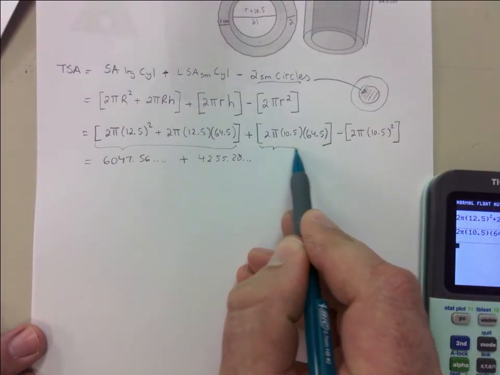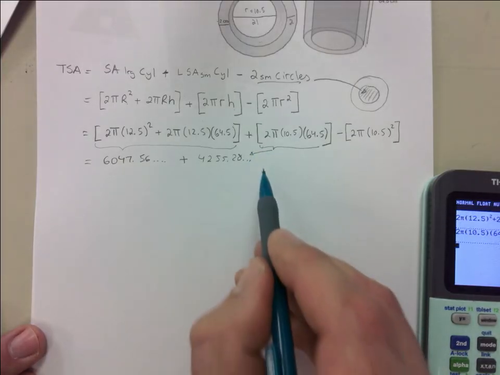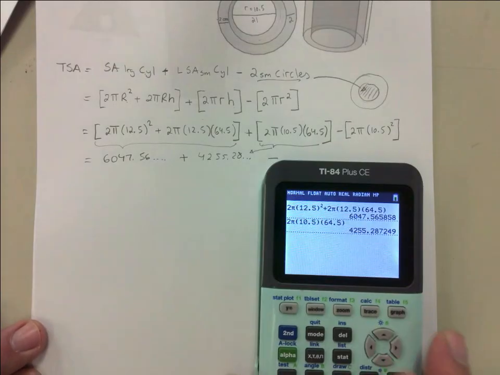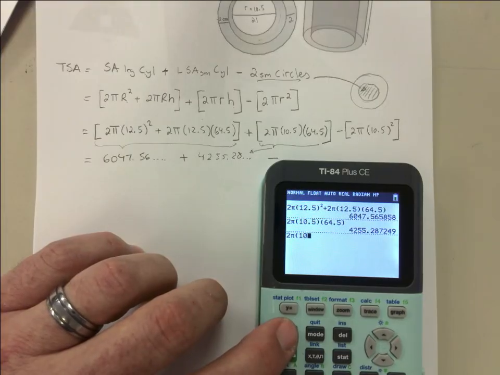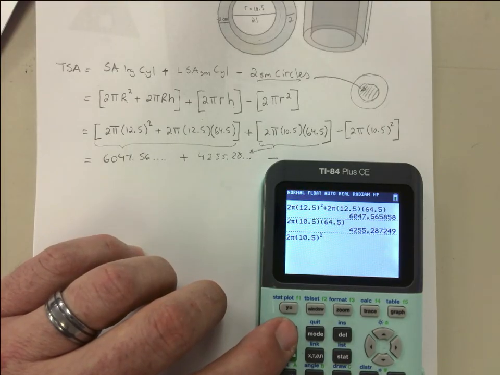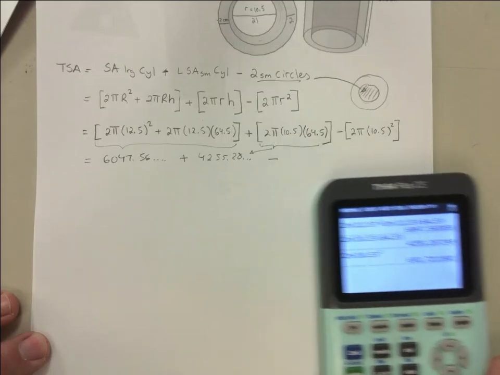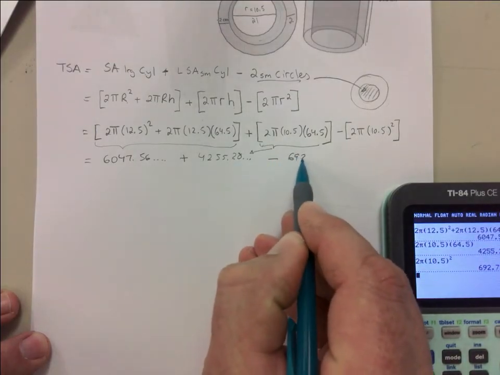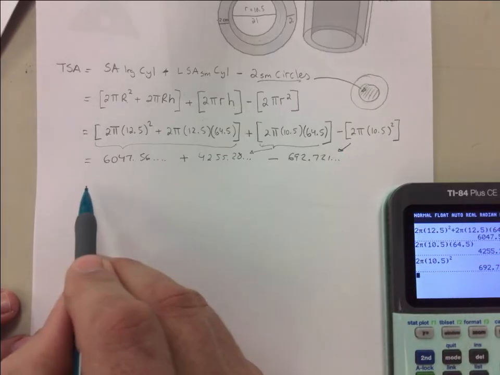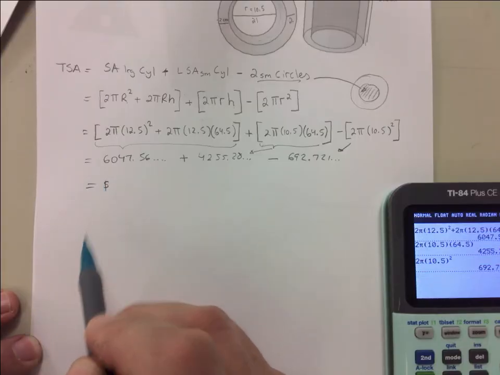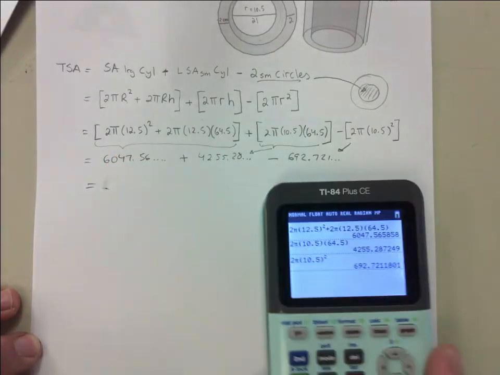All of this amounts to that, minus two pi r squared. 692.72 something. Dollars, sorry. Money.